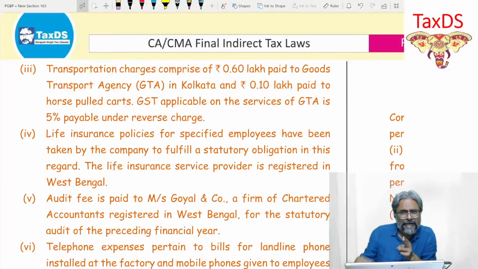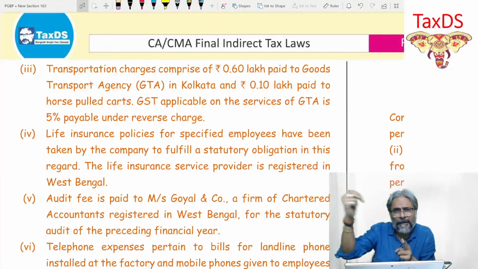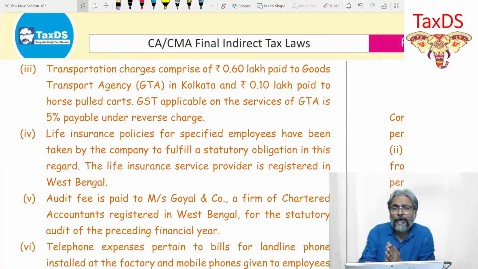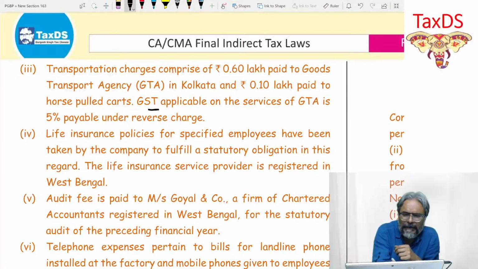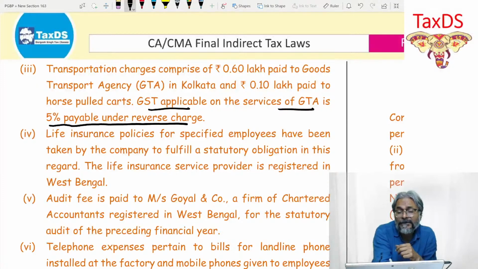And since it is exempt and there is no GST on the supply, I also cannot take up the ITC. Let's see what about the remaining part of the transportation charges. So here they have told you GST applicable on the service of the GTA is 5% under the reverse charge mechanism. So 5% rate comes under the reverse charge.